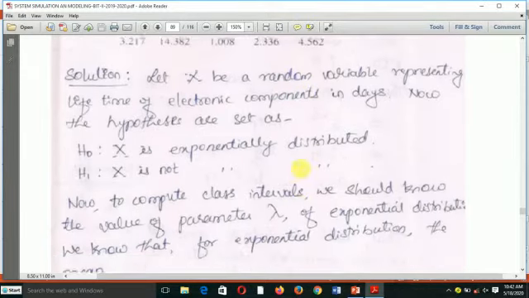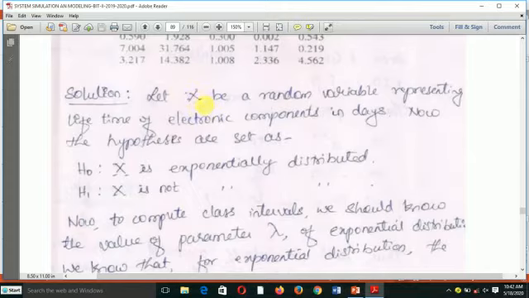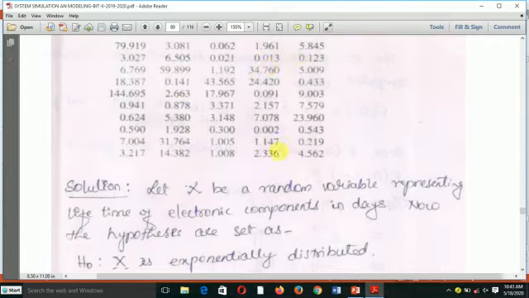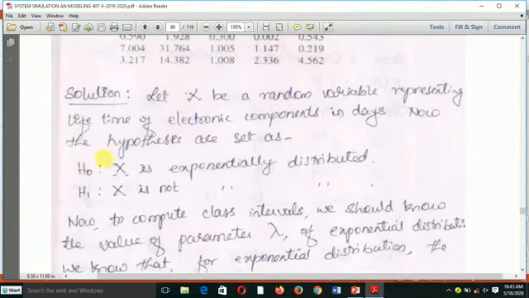So what will be the solution? Let x be a random variable representing the lifetime of electronic components in days. X will be the lifetime, and x will take all those values. So what will be the hypothesis?